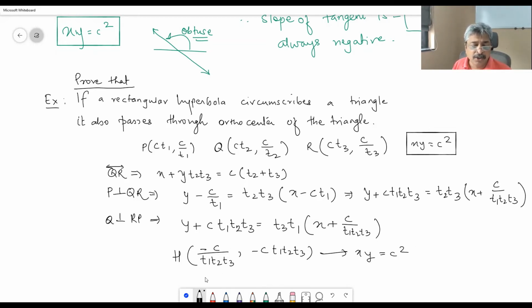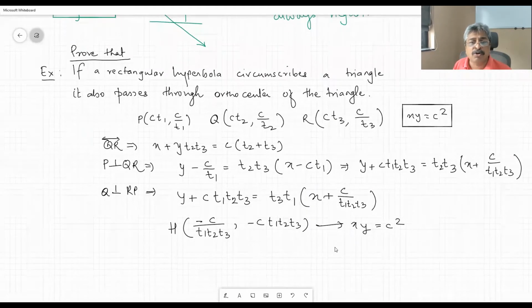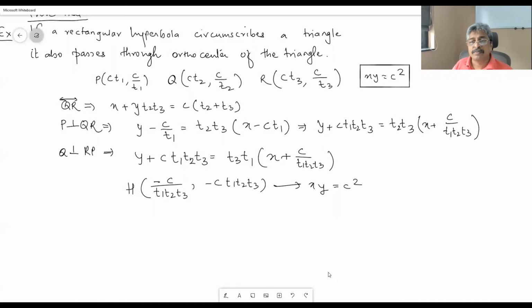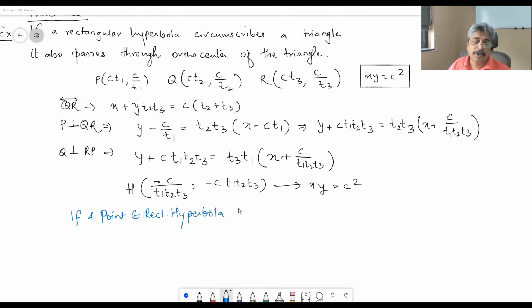And therefore what we can deduce is, if 4 points belong to a rectangular hyperbola, then the orthocenter of the remaining triangle also lies on it.